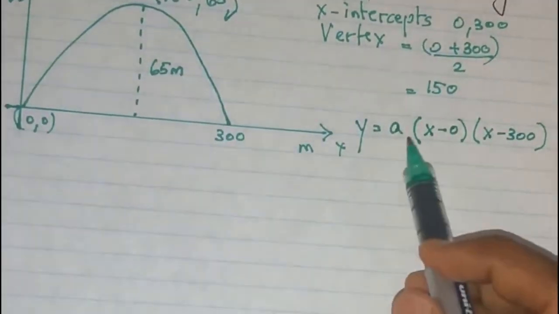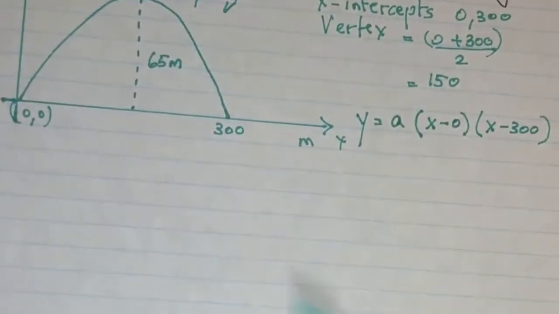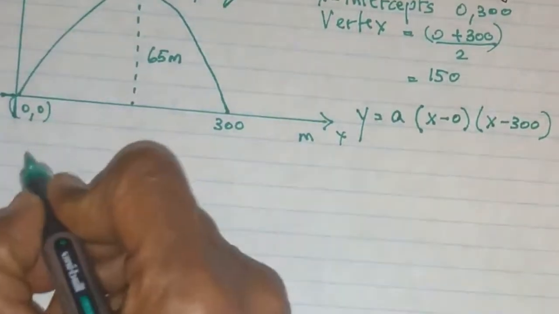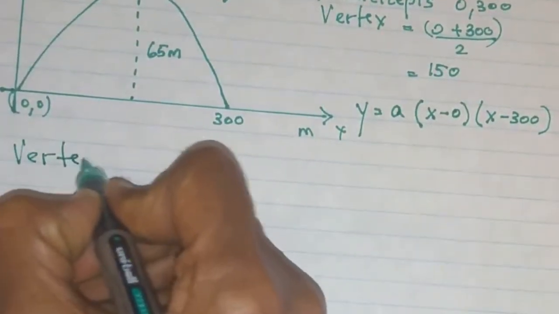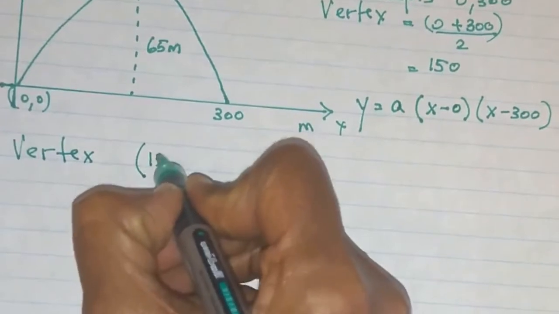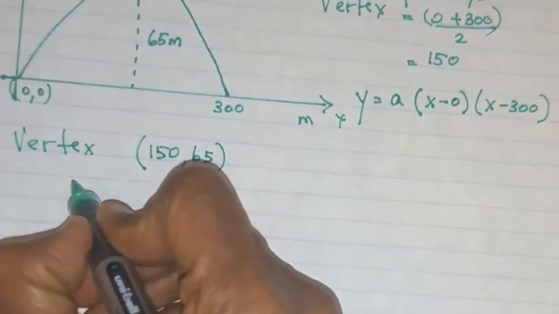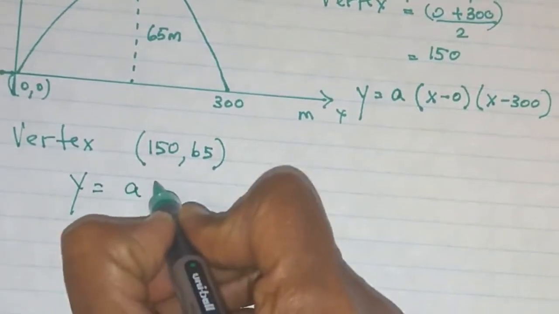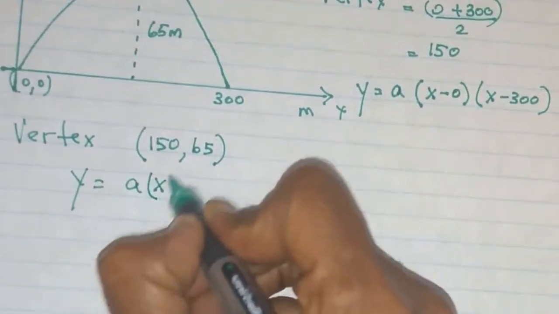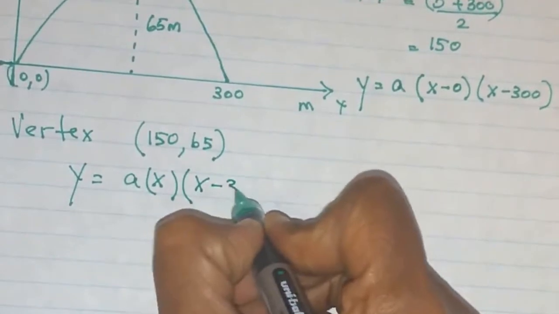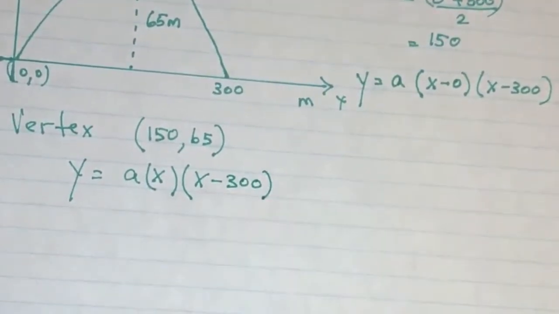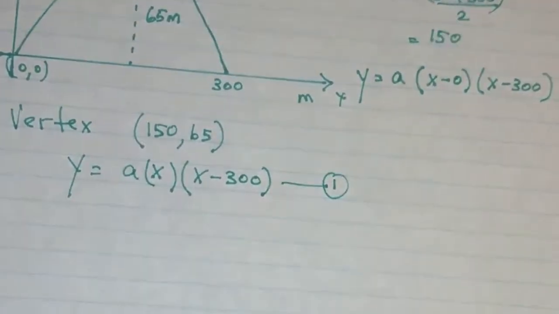Now, I need to know what A is. Since I've already found the vertex, 150, 65, let's write the equation again. y equals A times x times x minus 300. And I'm going to label this equation 1.